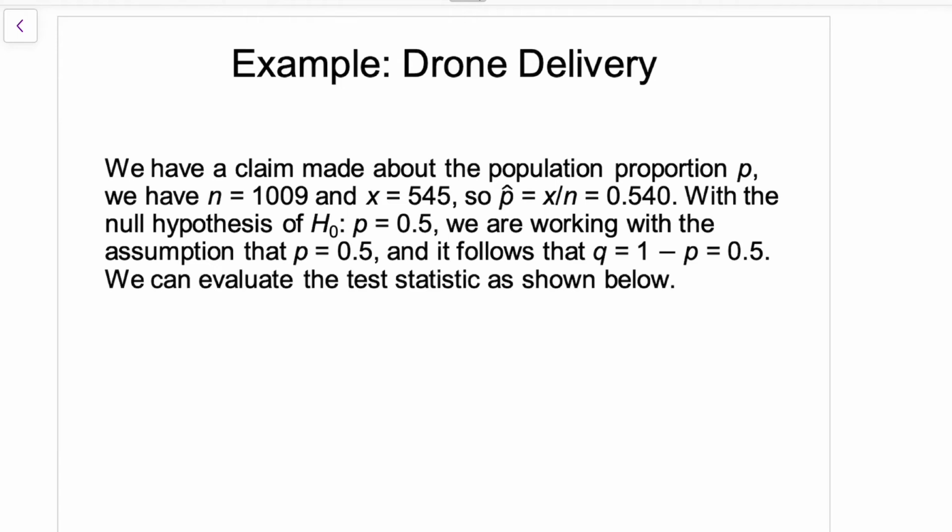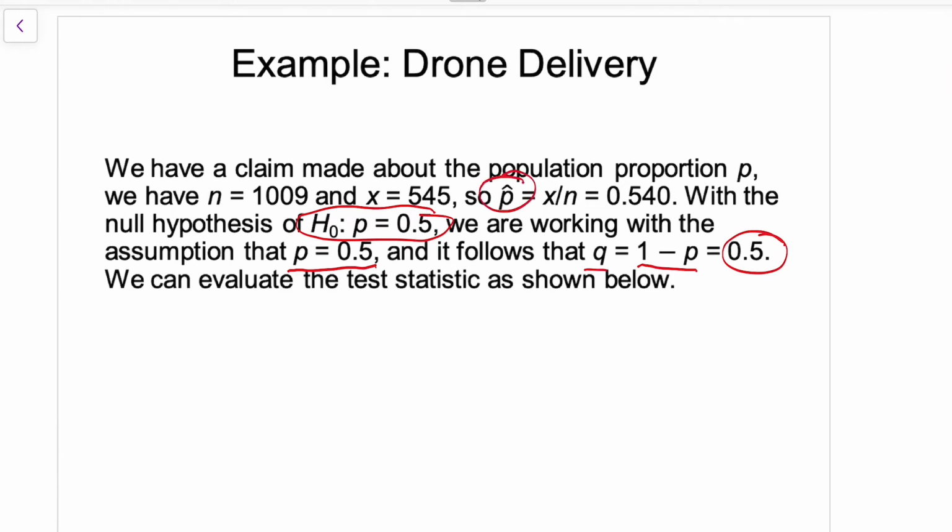So, we have our claim. Our null hypothesis is that p is equal to 0.5. So, we are working with the assumption that our population proportion is 0.5, and our Q value, again, is 1 minus P. So our Q value is 0.5 as well.